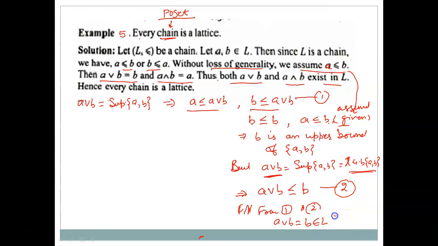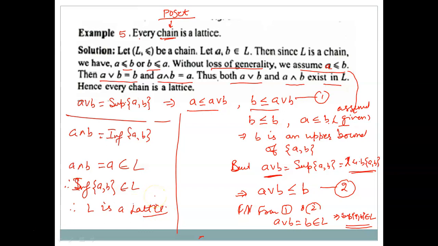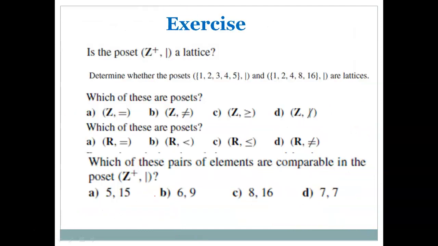So you can say the supremum of {A, B} belongs to L. Exactly in the same manner, when you start with A meet B equals the infimum of {A, B} and work like this, you will observe that A meet B equals A, and this is an element of L. Therefore, the infimum of {A, B} belongs to L. Therefore, L is a lattice. That means every chain is a lattice.